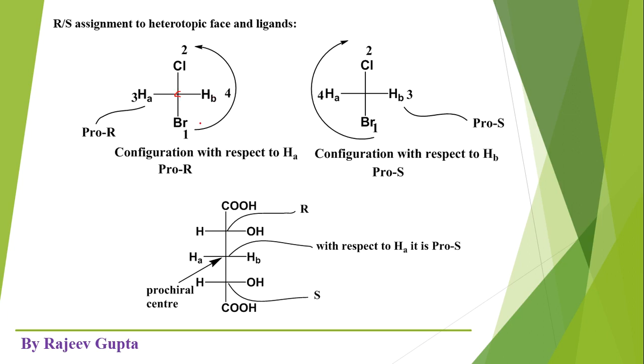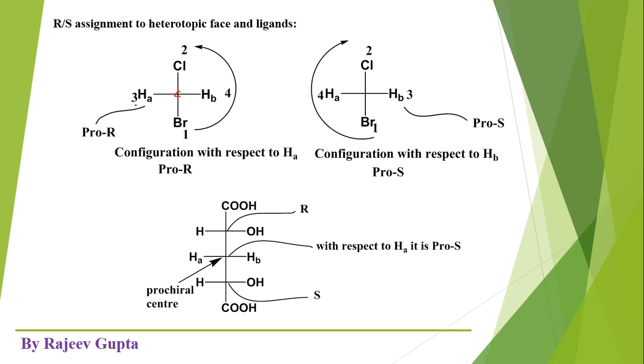The same CIP rules are used which we use for chiral centers. First, this is the Fischer projection of the molecule bromochloromethane. According to CIP nomenclature, we use atomic number to give priority. Bromine has the highest atomic number among these four substituents, so it gets number 1, then chlorine gets number 2.